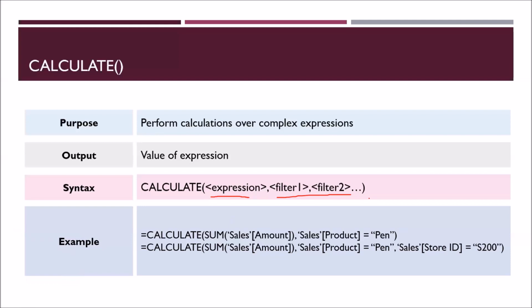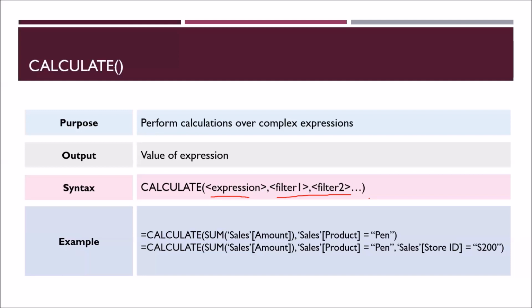Before I give you the example of a CALCULATE function, let me tell you one very important terminology associated with it, and it is filter context. So what do I mean by filter context? Whenever a set of filters is applied to the evaluation of a DAX expression, it is called filter context.